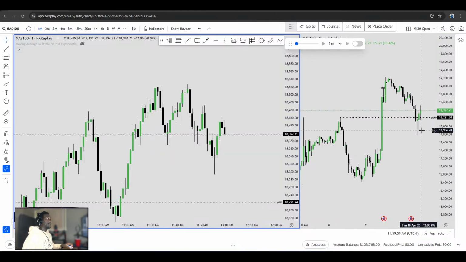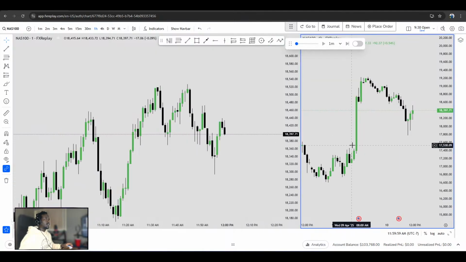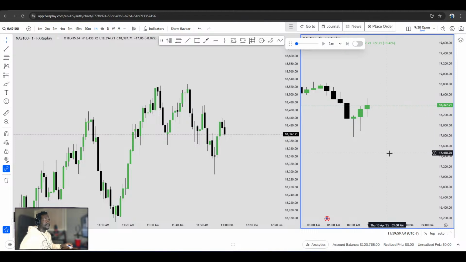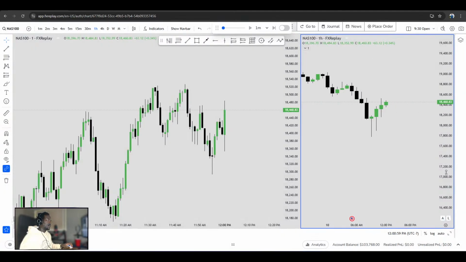Now, what we do from here, I don't need to see any markings right now. Why is this on here? Oh, good job. So what we do from here is we mark out the previous 1 hour high. What I'm gonna do is just go next, so the new 1 hour candle opens.